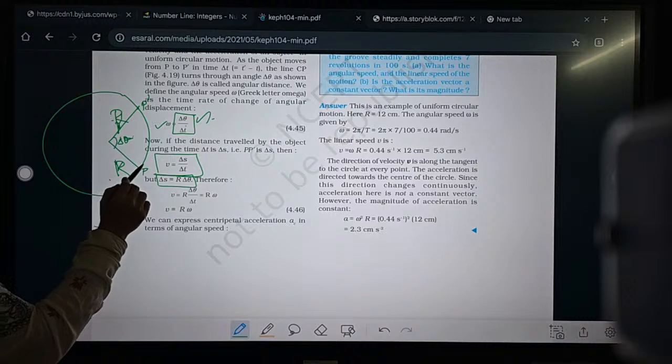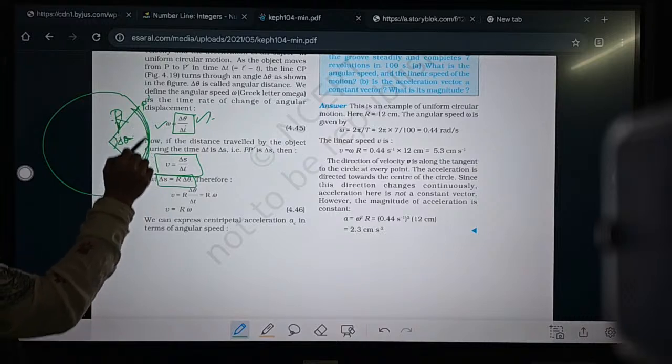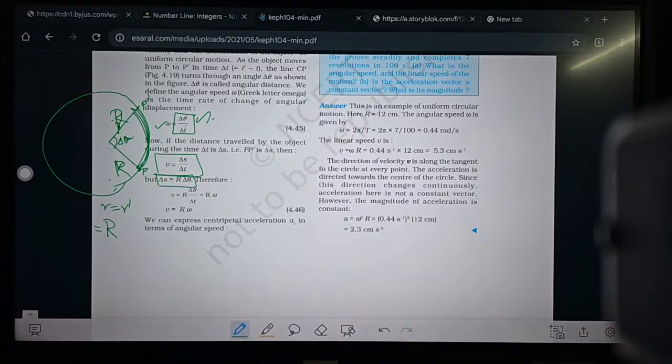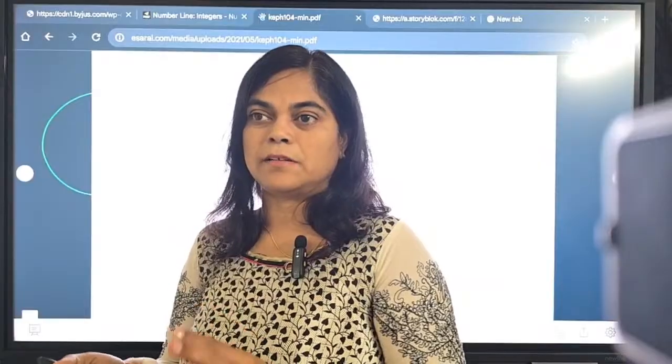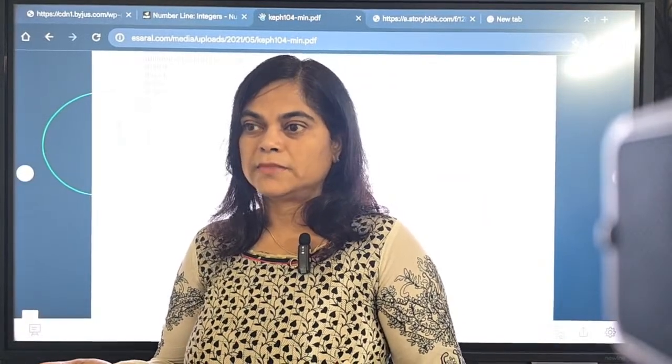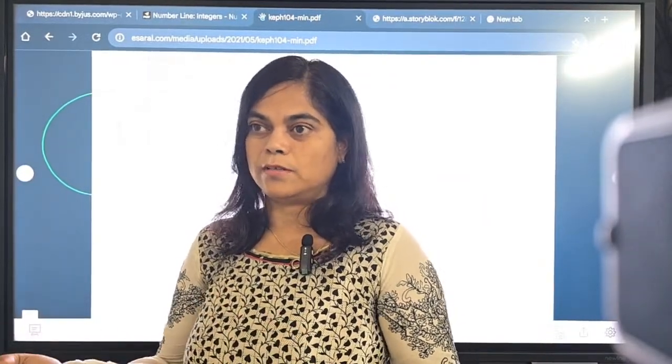What is this delta S? It is the length of an arc. Is it clear for you? You studied the length of an arc in your first lesson, and you have learned many theorems also. The central angle theorem: theta by 360 into 2 pi r.